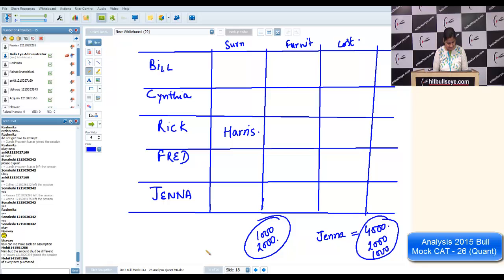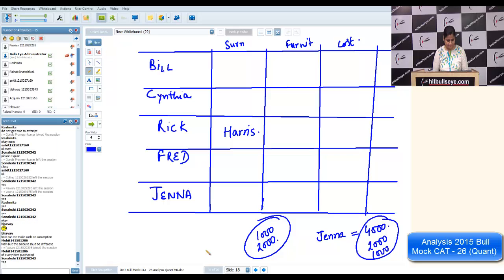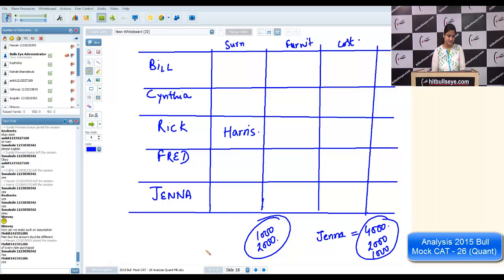That's why this is not a possible case. Is it okay? So Rick cannot be Harris. Clear? Similarly, Sonakshi will take more cases. Then only we'll be able to solve this.